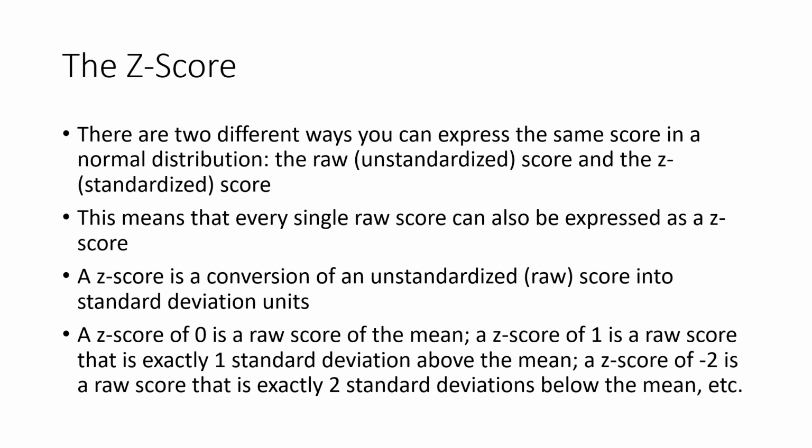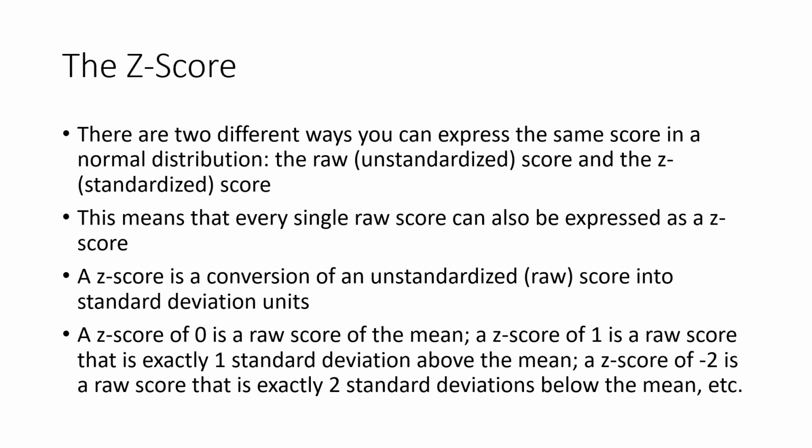First point you need to understand is that in statistics, there are two different ways that you can express the same score in a distribution. Also, you could argue there are two different ways you can express a relationship between two variables, but that's getting ahead of ourselves. So first there's the raw score, which is the unstandardized score. This is the actual score, what the data tells you. But every raw score has a corresponding Z-score, and the Z-score is a standardized score.